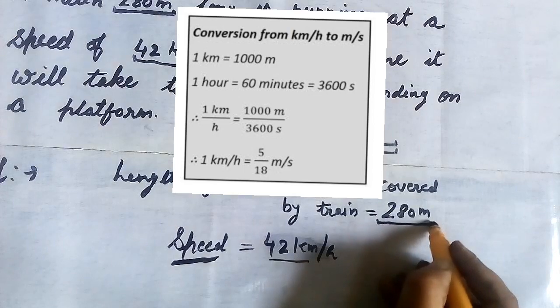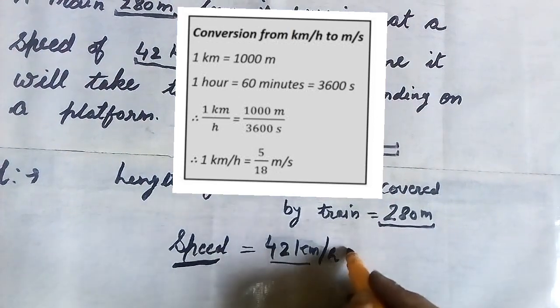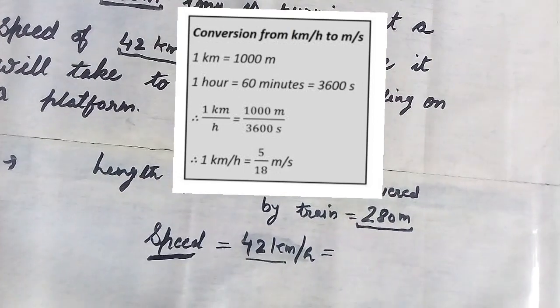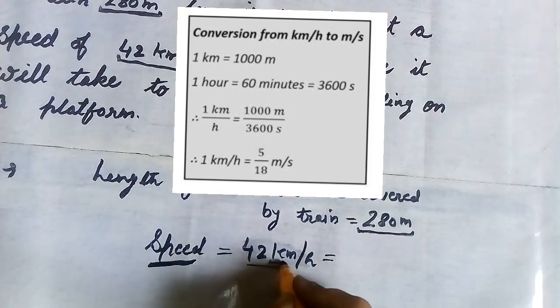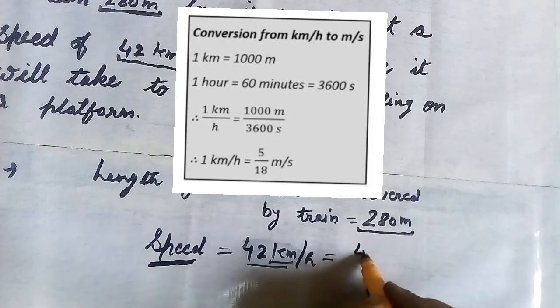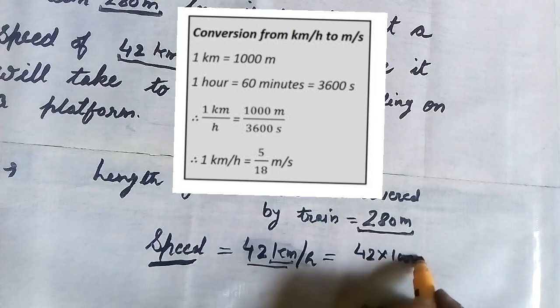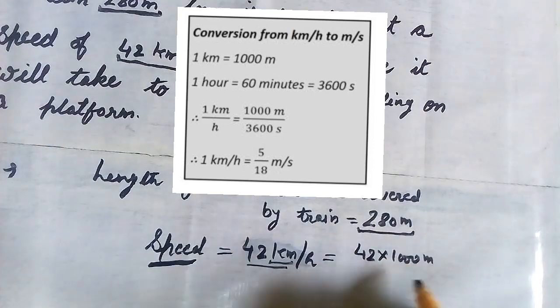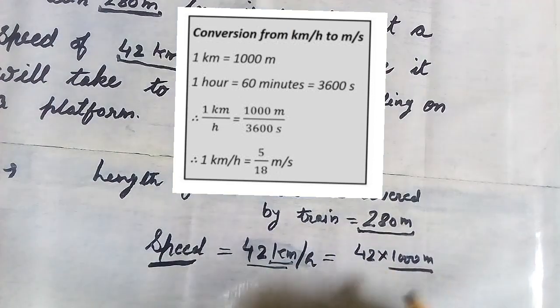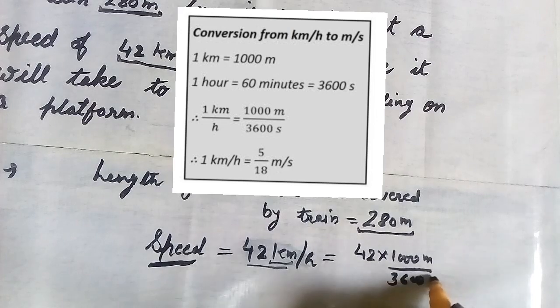I am repeating it again. Remember one thing, if your distance is in meters, then your speed must be in meter per second. So 42 km will be 42 multiplied by 1000 meter, per hour is there, so divided by 3600, because 1 hour equals 3600 seconds.